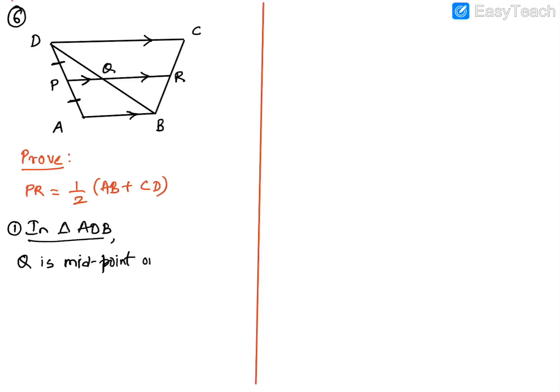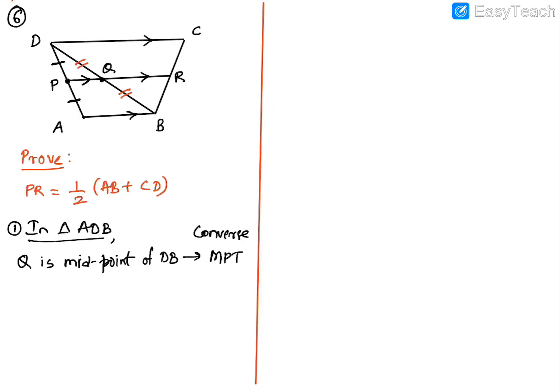Try the reason. Basically I'm proving that this part is equal to this part. And what is the reason for this? The reason is the converse of the midpoint theorem. You can see I'm drawing a line parallel to the base from the point P, so Q will become its midpoint by the converse of the midpoint theorem.